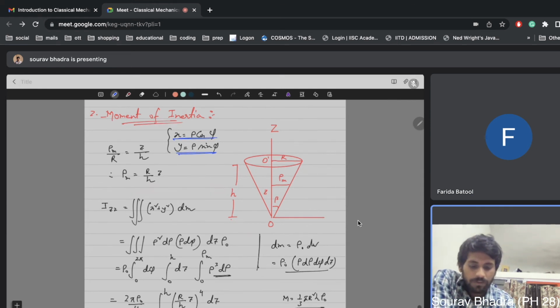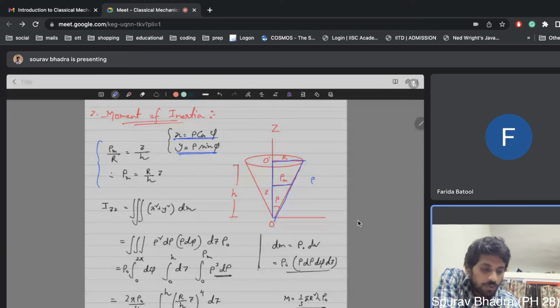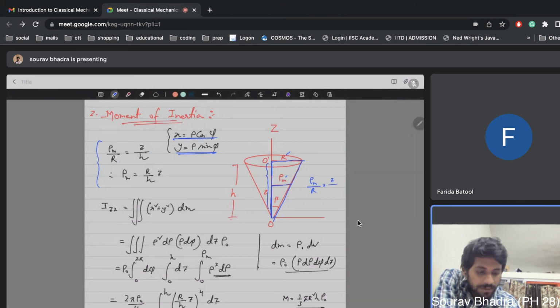Now consider this triangle. In this triangle we can write rho m, which is this distance, by R, is z by this whole distance, which is h.